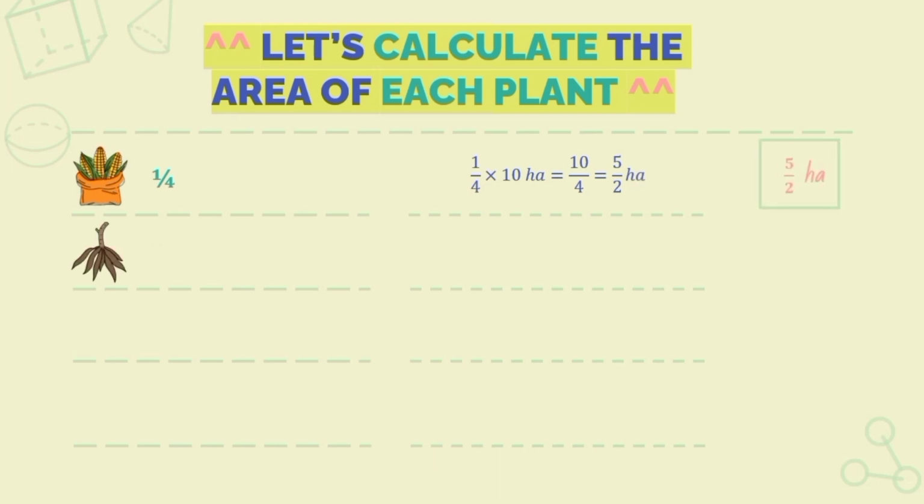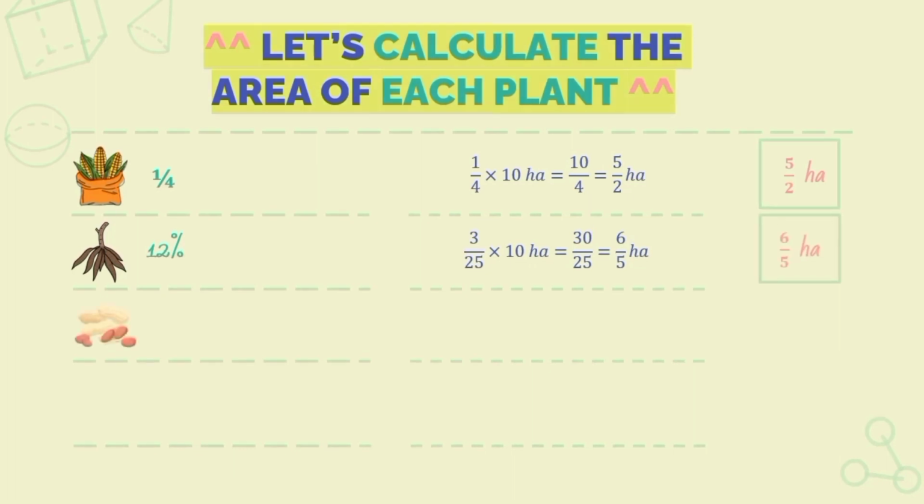For cassava, it is 12%, which equals 3/25 multiplied by 10 hectares, equals 30/25, equals 6/5 hectares.